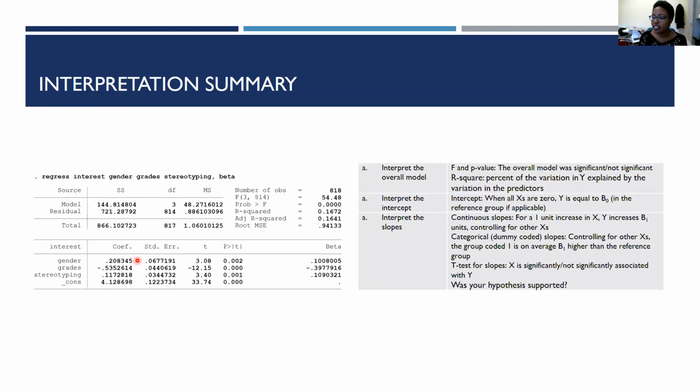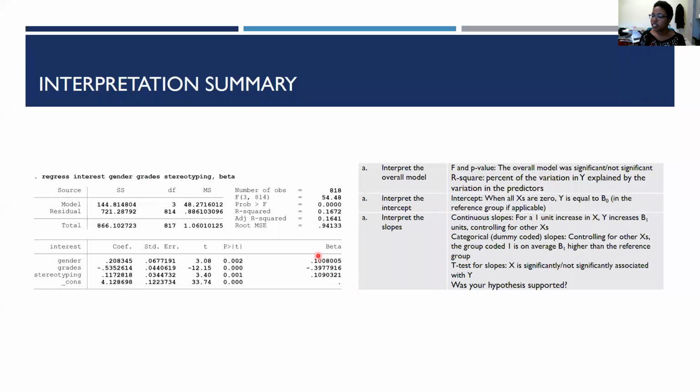And we can look at the t-test for each of these slopes. In all of these cases, the p-values are below 0.05. So we say each of these x variables is significantly related to interest. And then if we include our beta values, we can compare the size of each effect to each other, right?